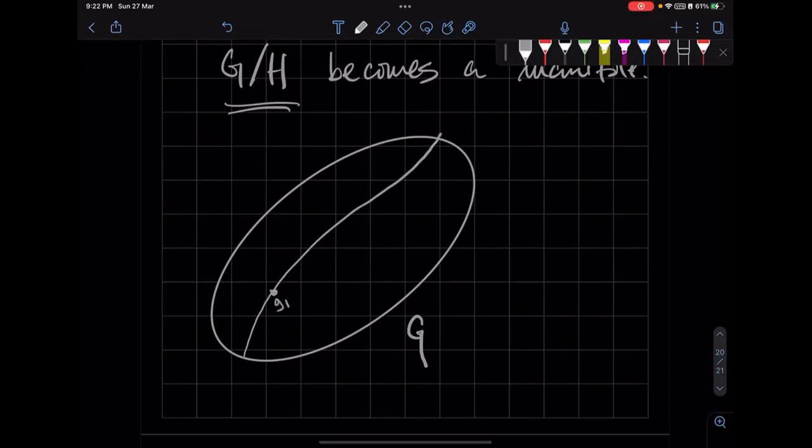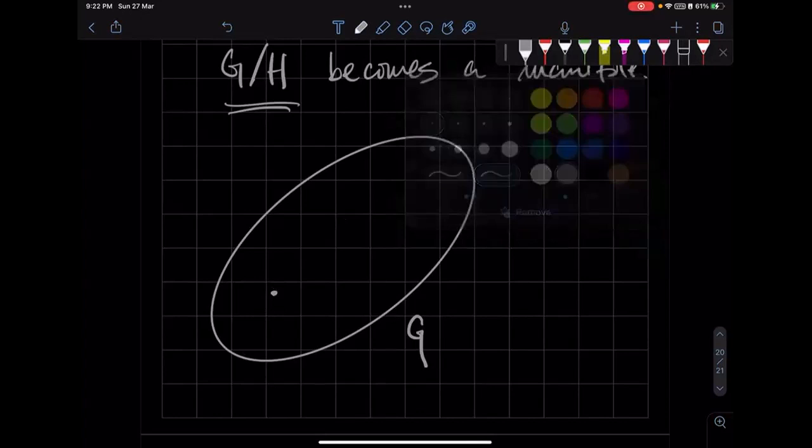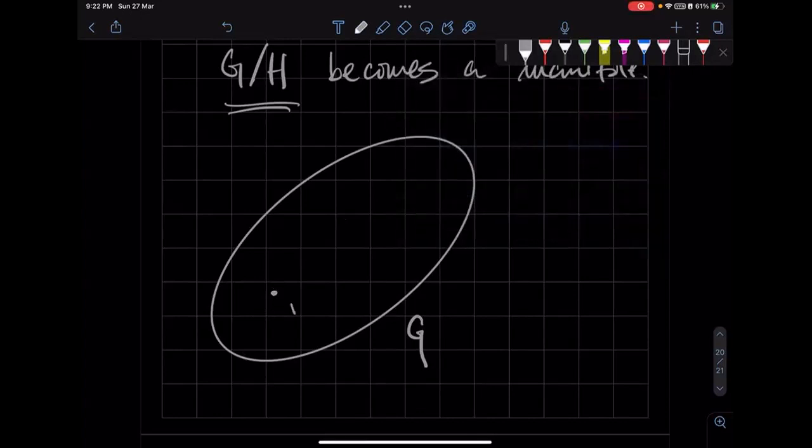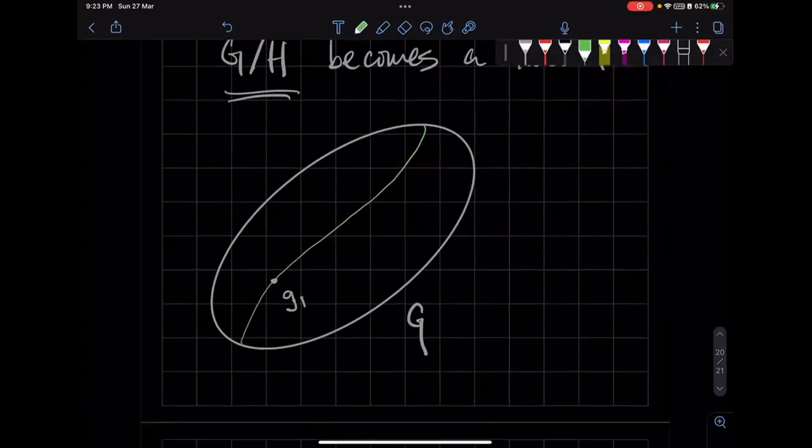So this is G1, and this thing, let me use a different color for the orbit. And if I apply all the H, I get an orbit, right? So this is G1H.